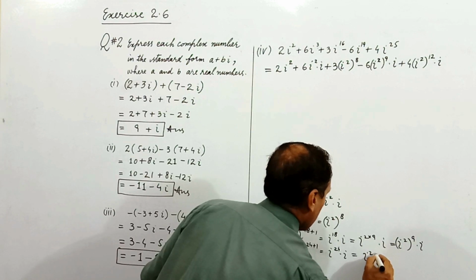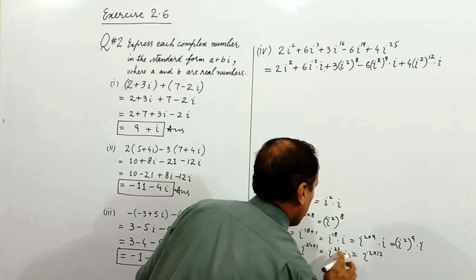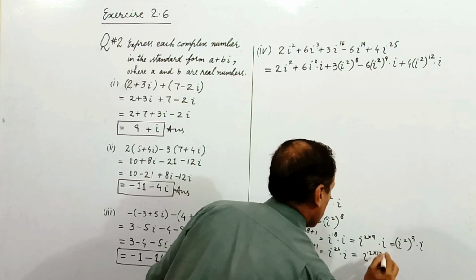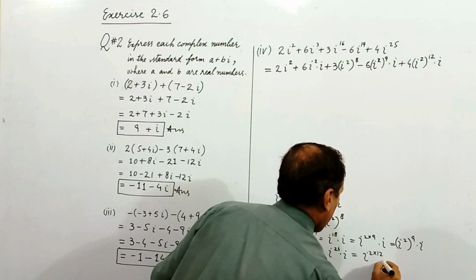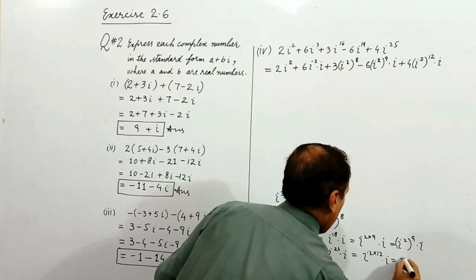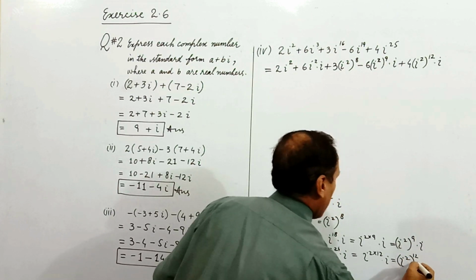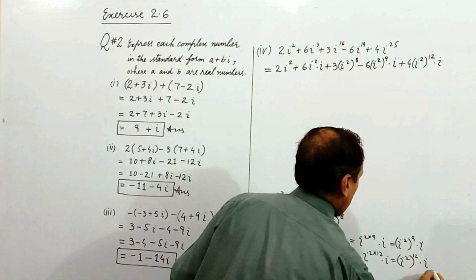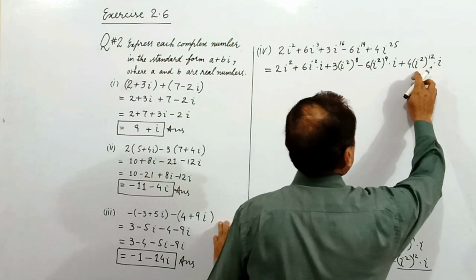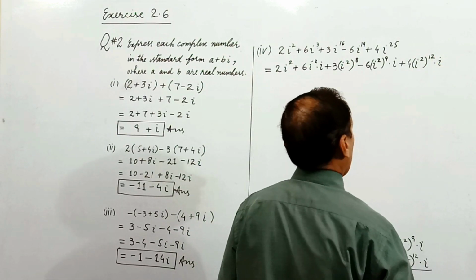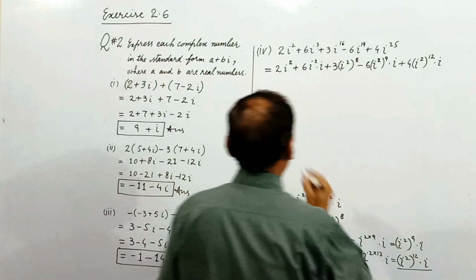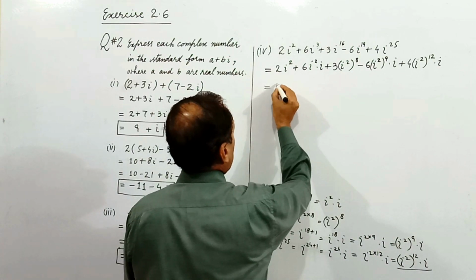Iota 2 multiplied by 12, 24 can be written as the product of 2 and 12. So iota 2 whole power 12 according to the law of power, and that is how we write this as iota 2 whole power 12 dot iota. Now it is very simple to put the value of iota square.